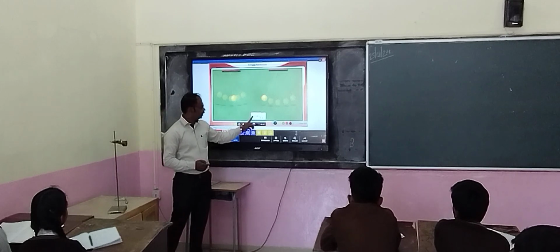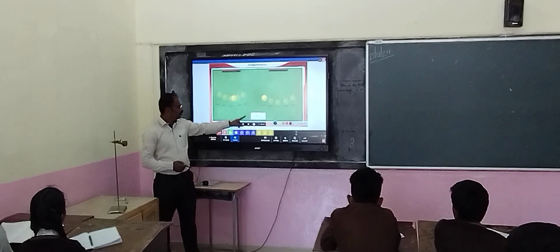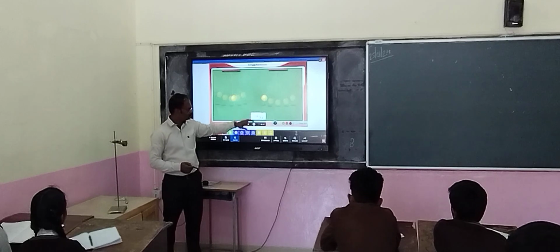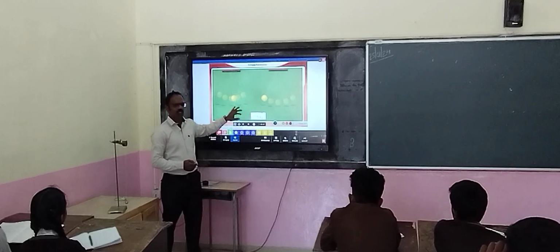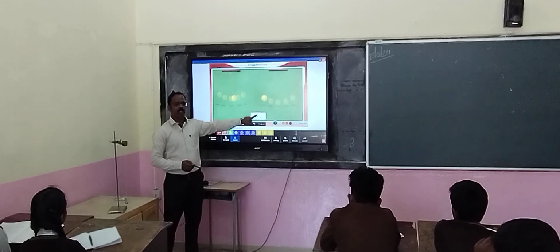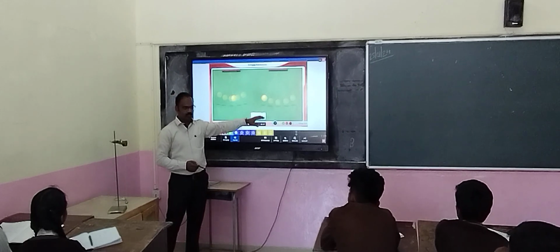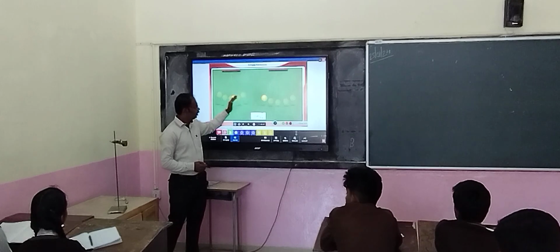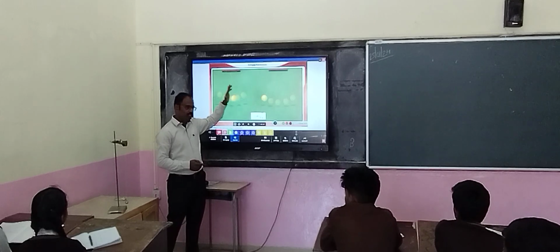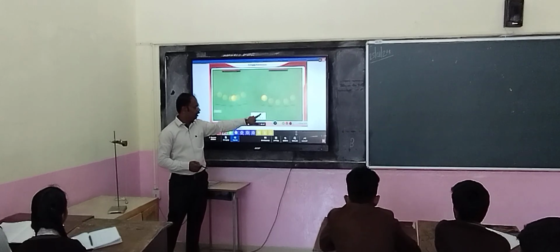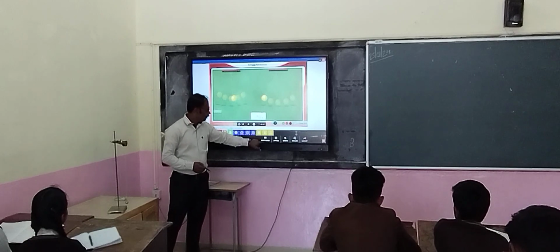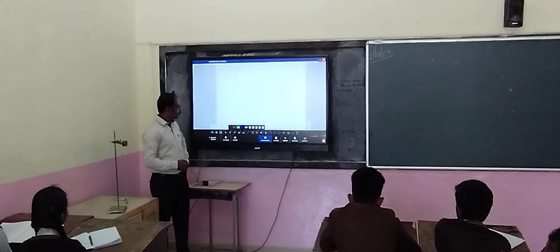Finally we come to the expression T is equal to 2 pi root of L by g. From this expression, we know that the time period only depends on the length of the pendulum and also the gravity of the place. So it doesn't depend on the mass of the object or any other parameters, it only depends on L and g at the place. Now, we will derive this expression once again.